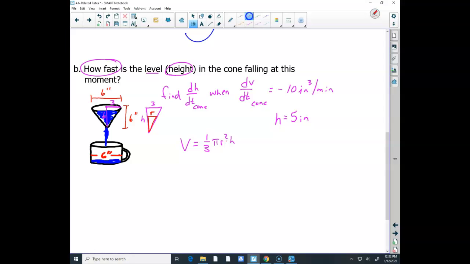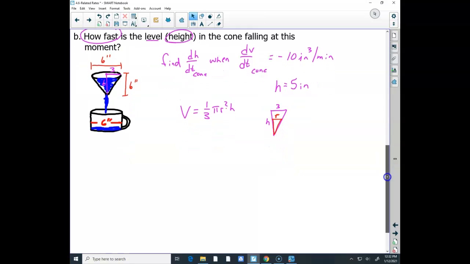I don't know how you guys used to do it when you were in geometry, but I always did my ratios of big to small. So I'm going to take this guy right here and make a ratio. Ooh, my height wasn't 6. Hold on, back up the train. This little guy right here, my pink or my fuchsia, was 6, and the red was the height, right?